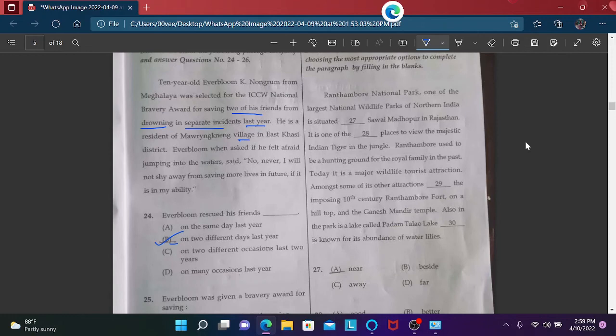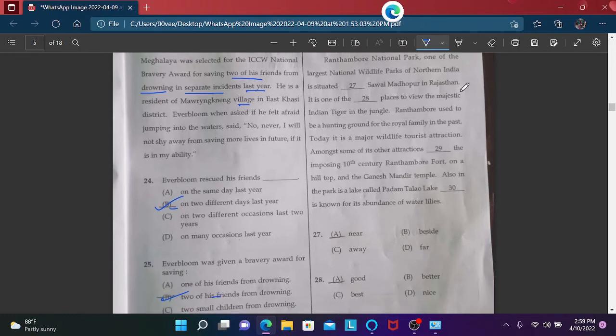That's it. So question number 27 we have to answer. Ranthambore National Park, one of the largest national wildlife parks of northern India, is situated in, answer B, Sawai Madhopur in Rajasthan. It is one of the best places to view the majestic Indian tiger in the jungle. Ranthambore used to be a hunting ground for the royal family in the past.